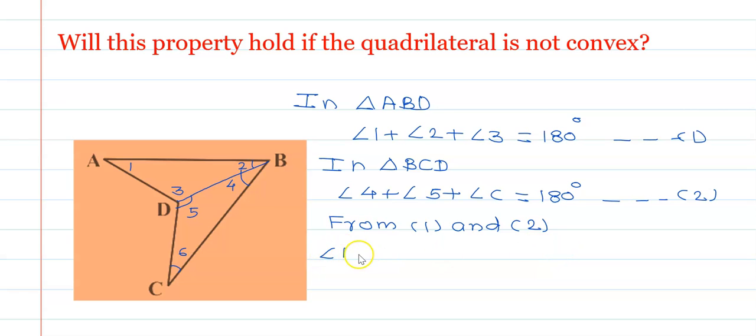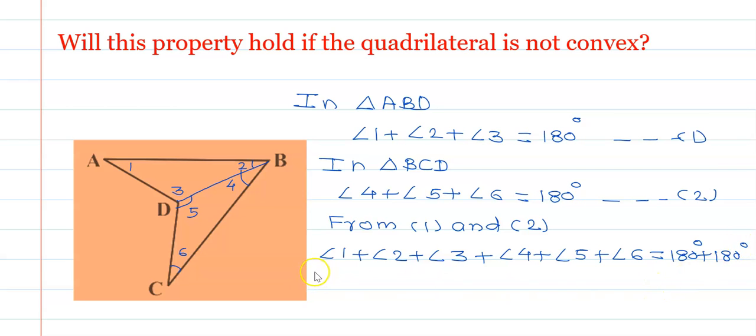That is angle 1 plus angle 2 plus angle 3, and here also plus angle 4 plus angle 5 plus angle 6, and that equals 180 degrees plus 180.